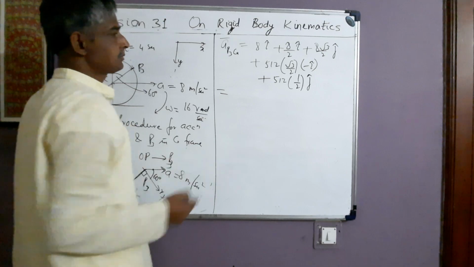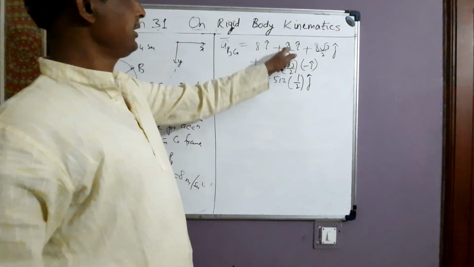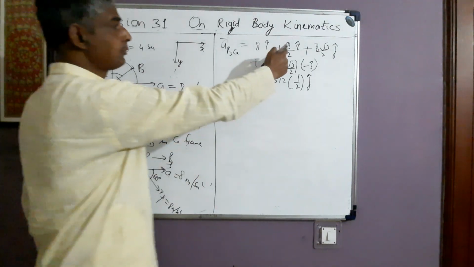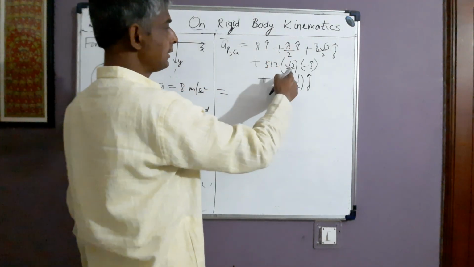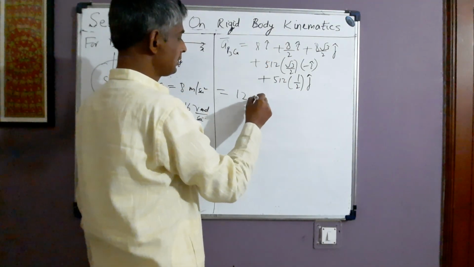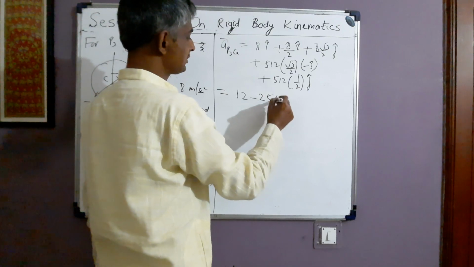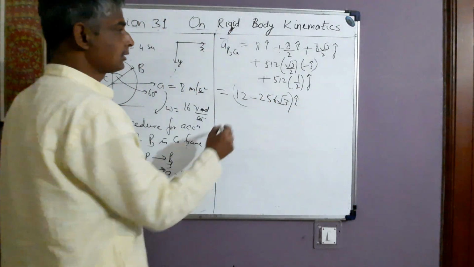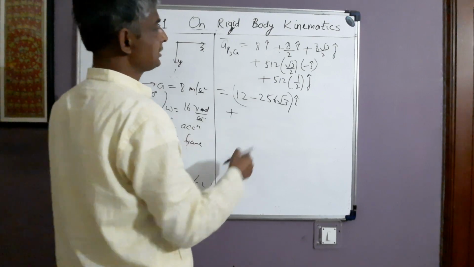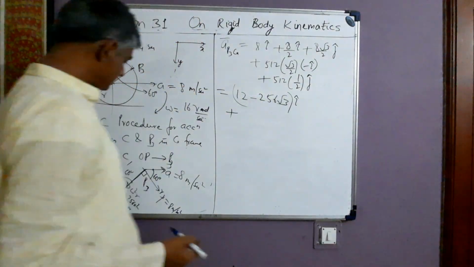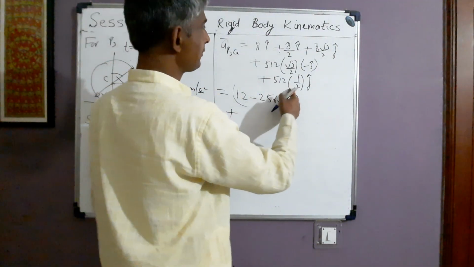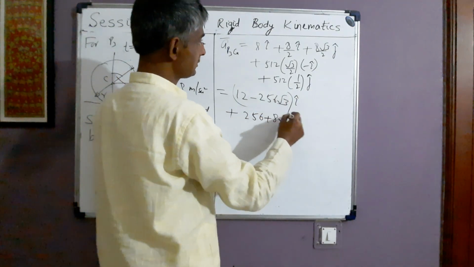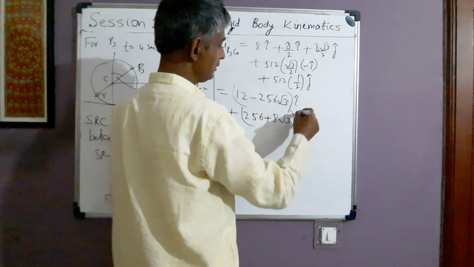So this becomes how much? 8 by 2 is 4. 4 plus 8, 12. 12 minus 256 root 3 into i hat. Plus j hat. J hat is where? Here and here. Only two j hats are there. So this is 256 plus 8 root 3 into j hat.